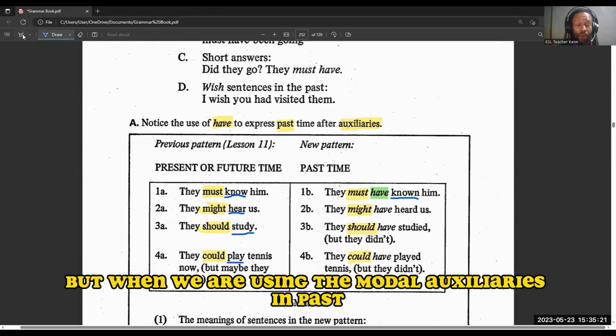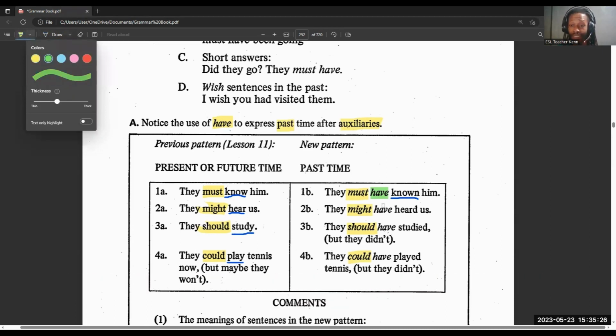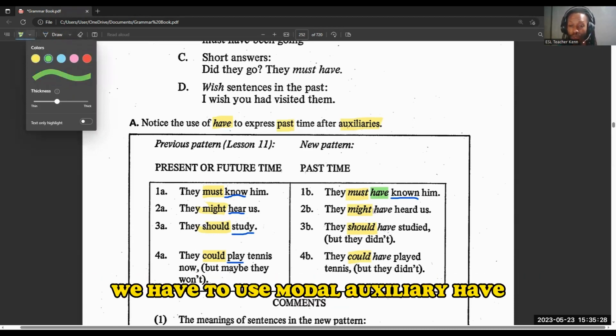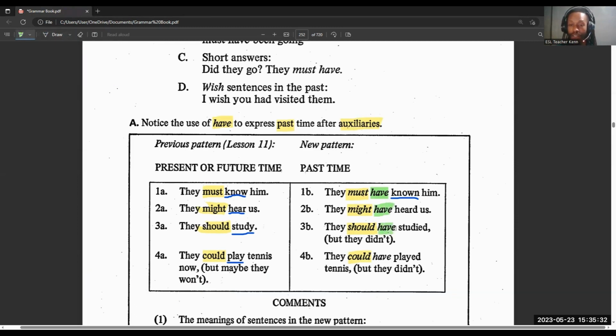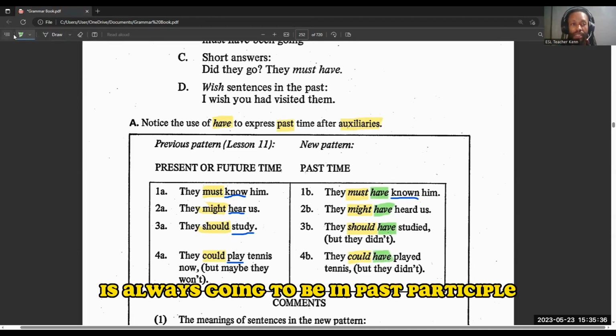But when we are using the modal auxiliaries in past, we have to use modal auxiliary, have, and then the action or verb is always going to be in past participle.